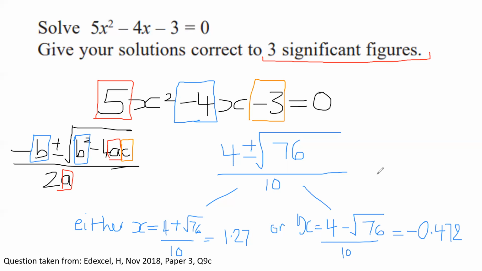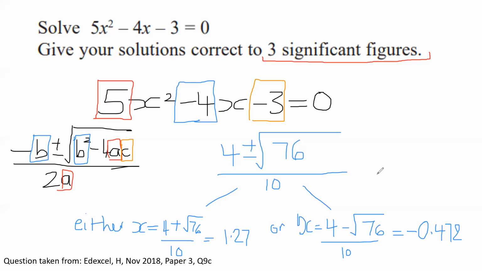Being forced to use the quadratic formula does happen occasionally. It doesn't always happen. Often you're able to use whatever method you like, so you can opt to use the quadratic formula, or quite often you can solve it by factorizing it into brackets. In this case, they've pretty much forced you to use the quadratic formula because you need three significant figures, and that's going to be very difficult to solve by factorizing, if not impossible.